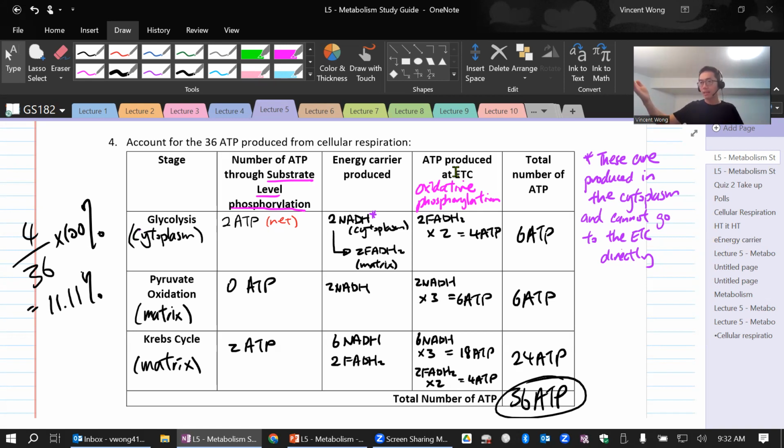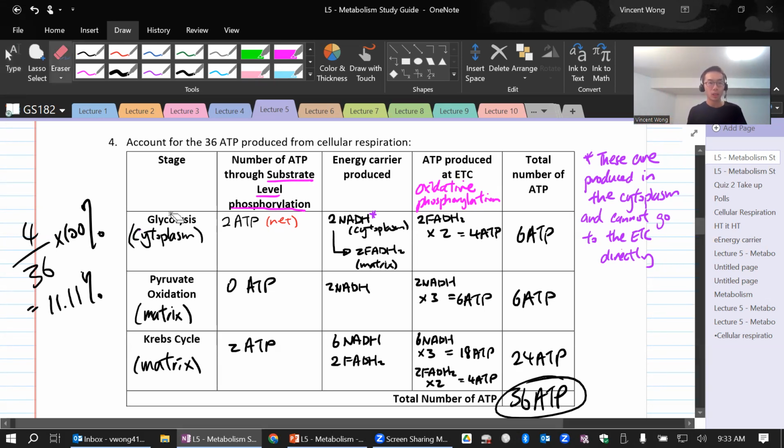Like I said, if you spin the Krebs cycle 4 times, how many ATPs are you going to get? Things like that. Or I can ask you, substrate level phosphorylation occurs in which steps of cellular respiration? So it's only in glycolysis and only in Krebs cycle.